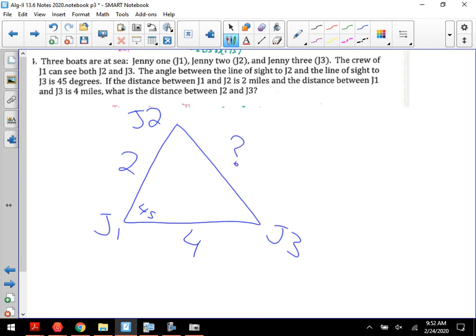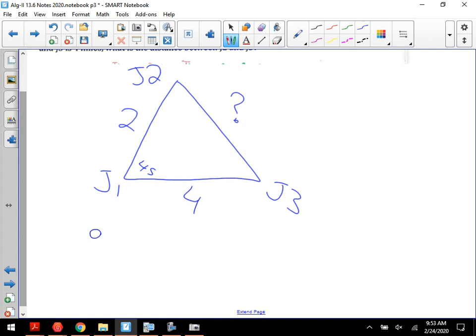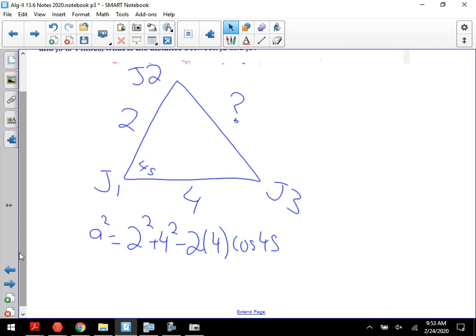All right, so there's just law of cosines. This is the fast version because you're just finding the side. We'll call that a squared. So we'll have 2 squared plus 4 squared minus 2 times 2 times 4 cosine 45. Oh, I forgot to write minus 2 times 2 times 4. Sorry, I just realized that.